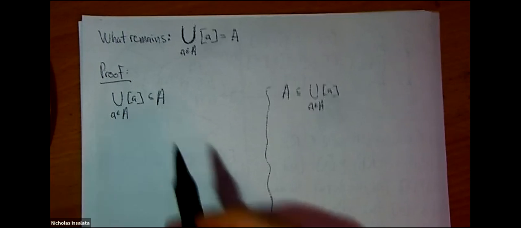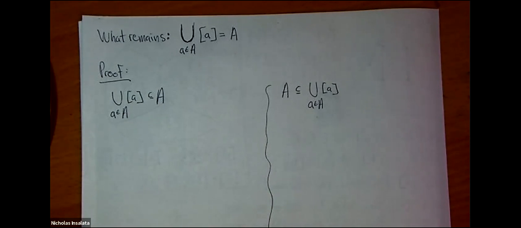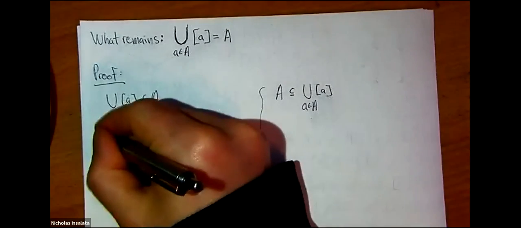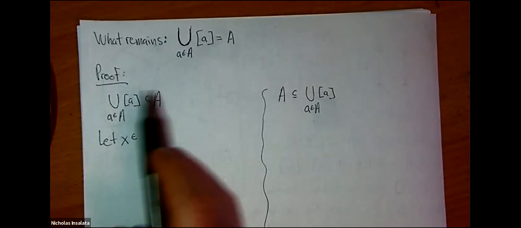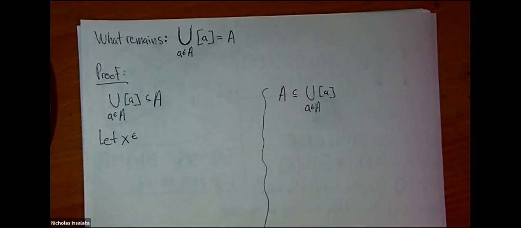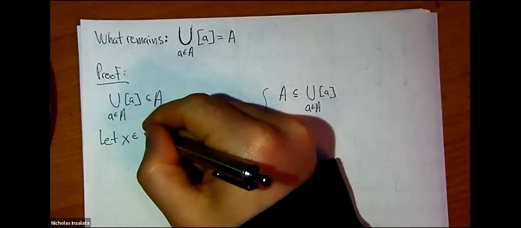So now we want to do a subset proof. So what style are we going to do? Proof by elements. Very good. So I want to start off, let X be an element of what in order to prove this guy? Okay, the union of the equivalence classes. Very good.